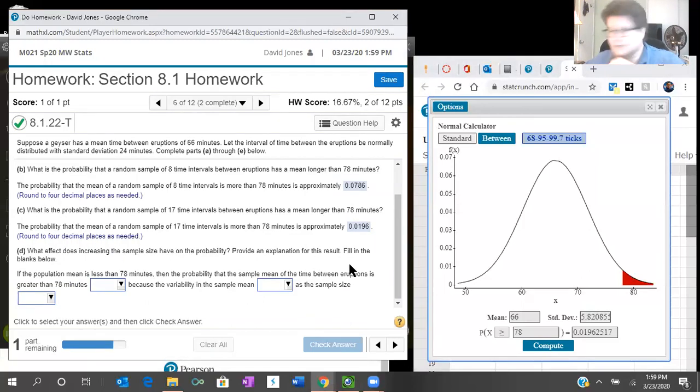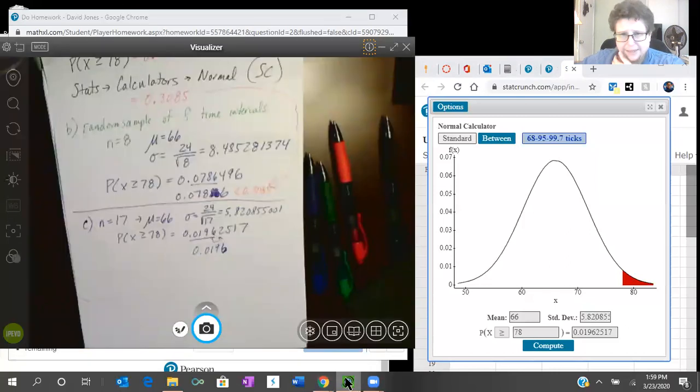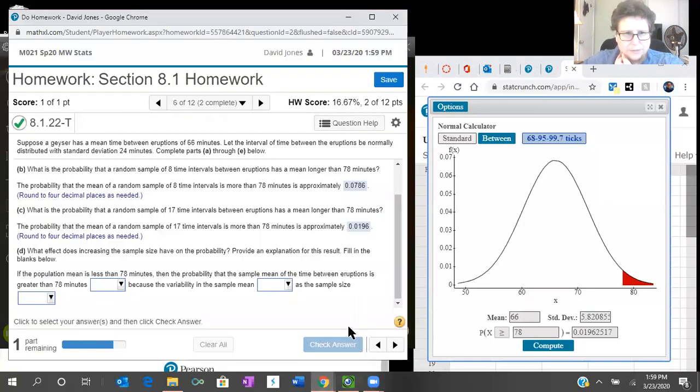All right, what's it asking me here? What effect does increasing the sample size have on the probability? Well, if we look at our calculation, as n went up, we went from 1 to 8 to 17, the probability went from 0.3085 down to 0.0786 down to 0.0196. It kept decreasing. So that's what we need to look for.